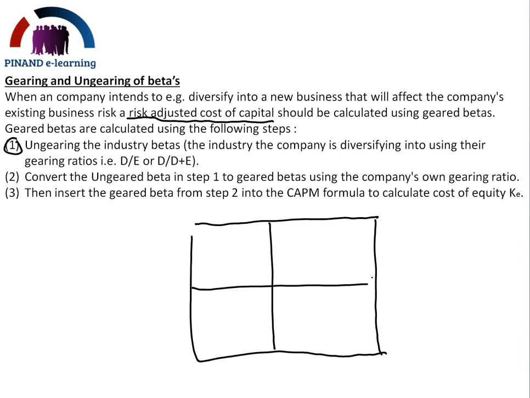Okay, now on top here we have the financial risk, for example. By the side here we have business risk.